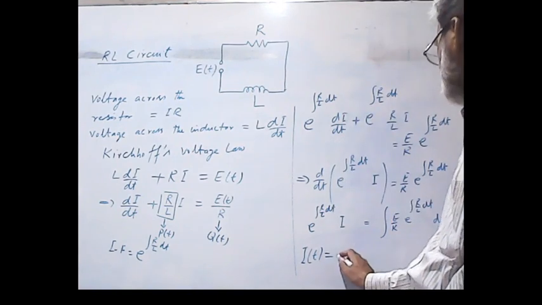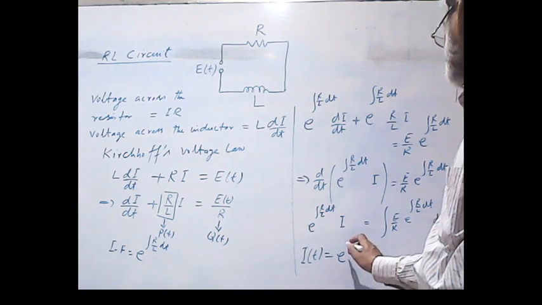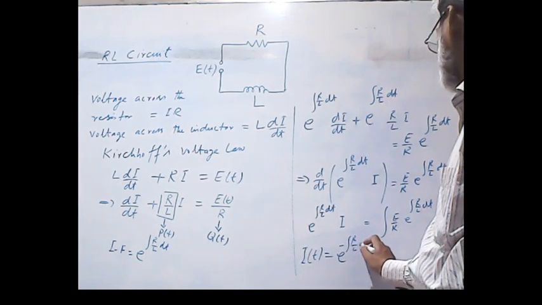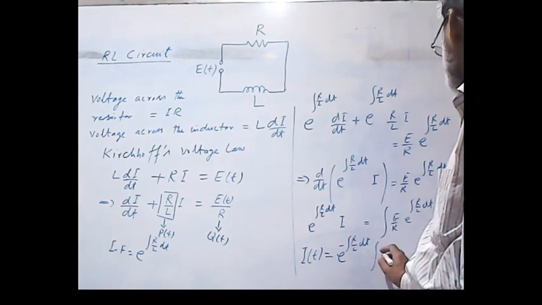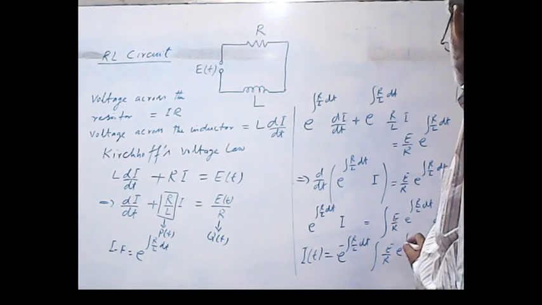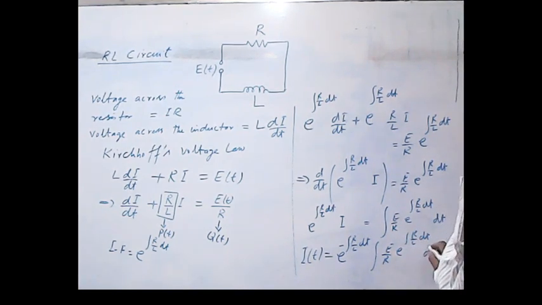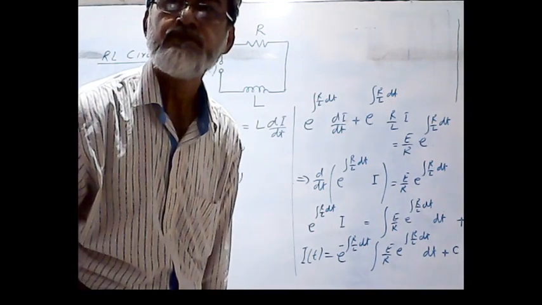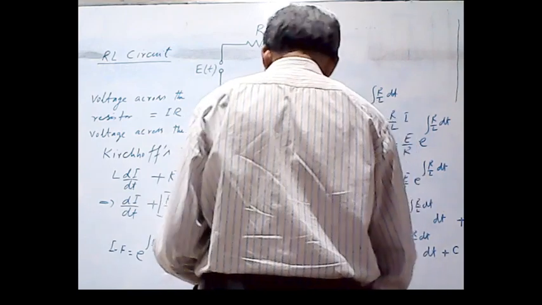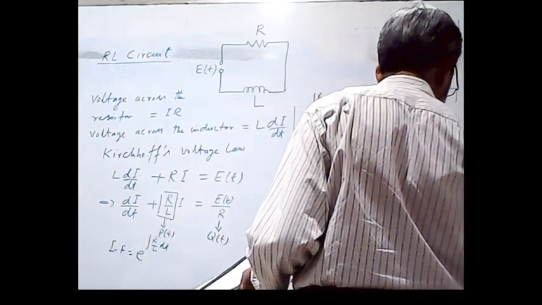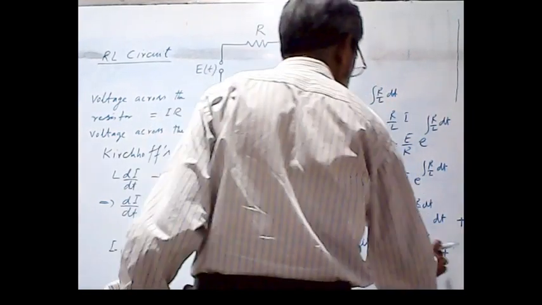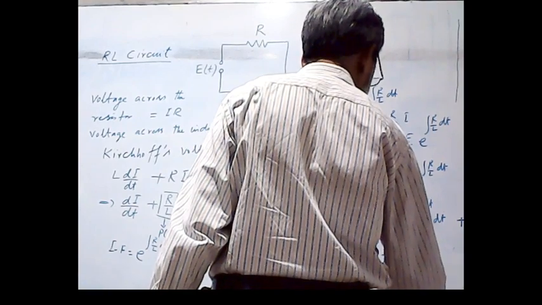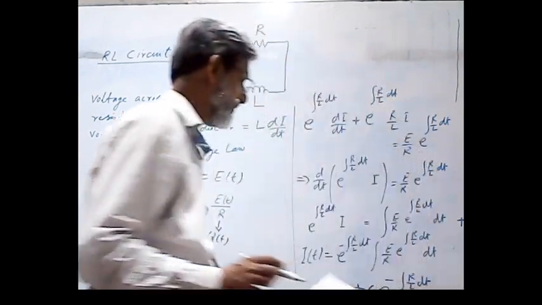Shift to the right hand side by considering the minus sign in the exponent of R upon L t, then multiply E upon R e to the power R upon L t dt plus C e to the power minus R upon L t.